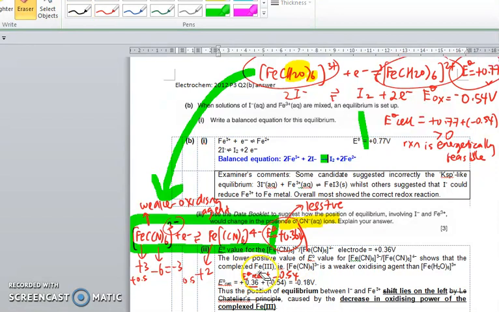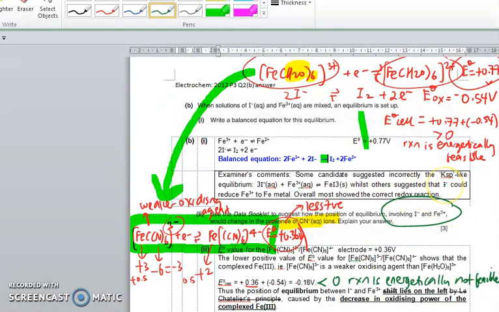You will find that this value is negative 0.18, and this value is negative. That means the reaction is energetically not feasible between the Fe3 plus complex with cyanide and I minus, correct? And this is what the question is trying to say.